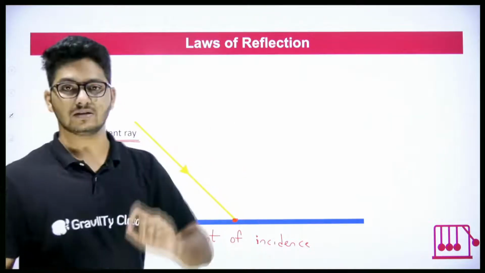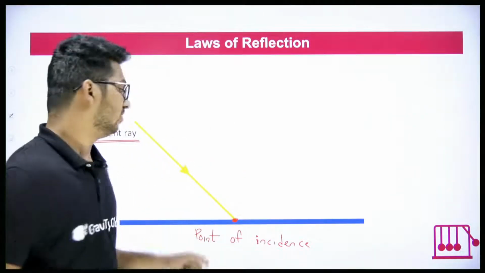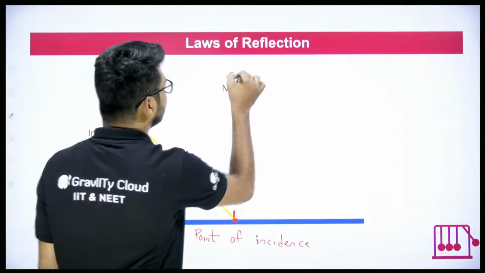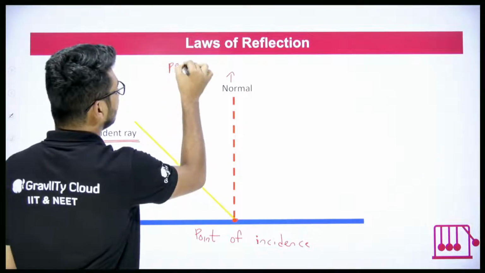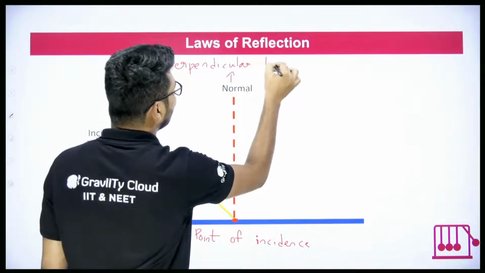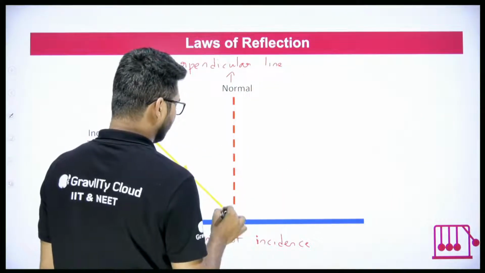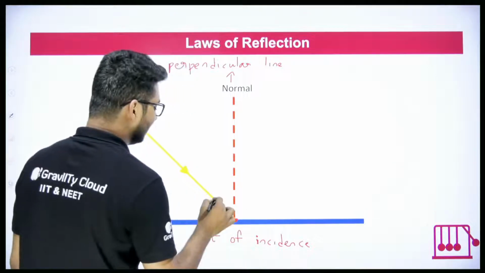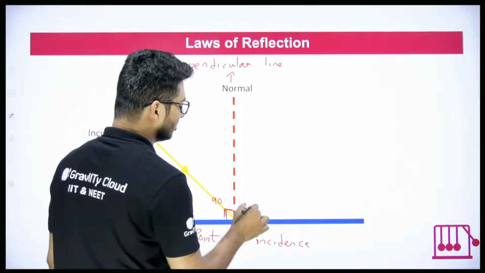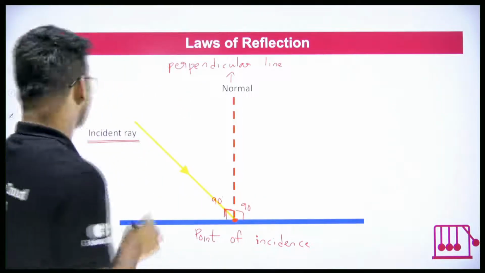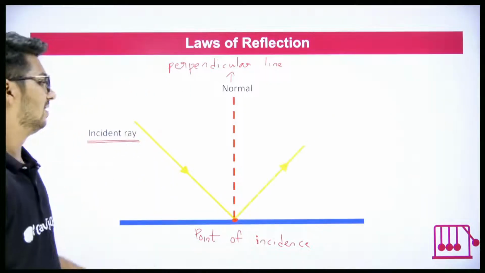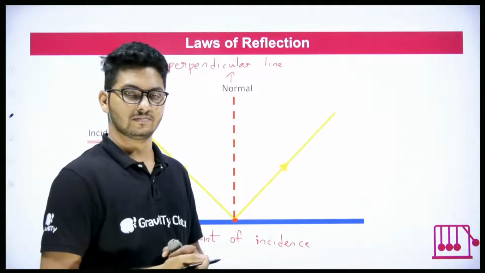At the point of incidence, we draw a perpendicular line. We call it the normal. It is just a perpendicular line, not a light ray. It is a perpendicular line drawn to the surface. The angle between the normal and the surface will be 90 degrees.